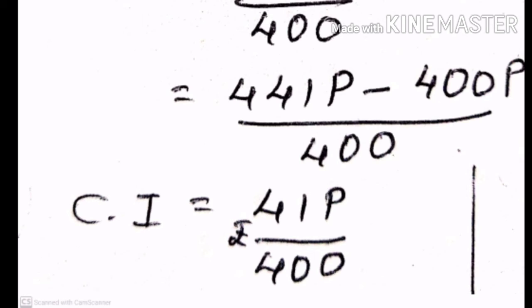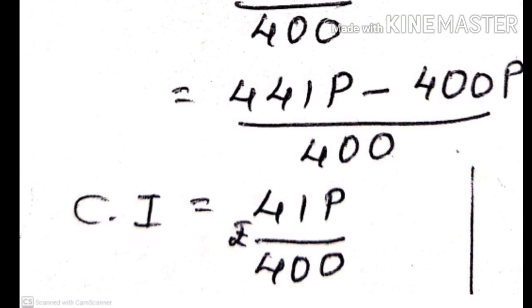Now the other information given in the question is that the difference between CI and SI is rupees 50. So we place the values of CI and SI and solve to get the value of P. Principal is nothing but the sum of money which they ask for in the question.